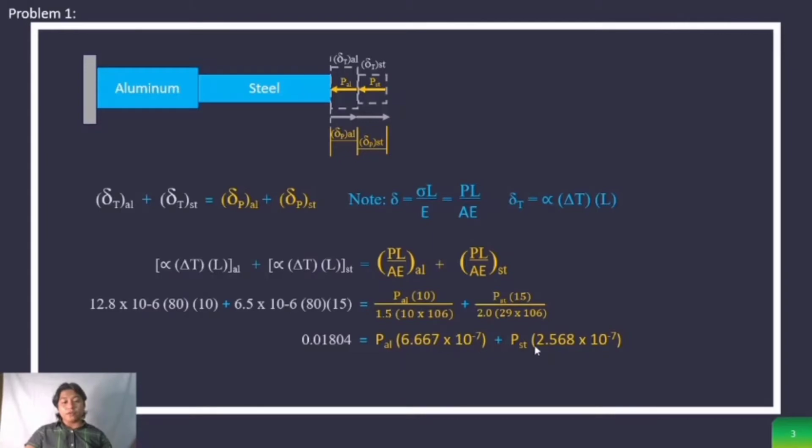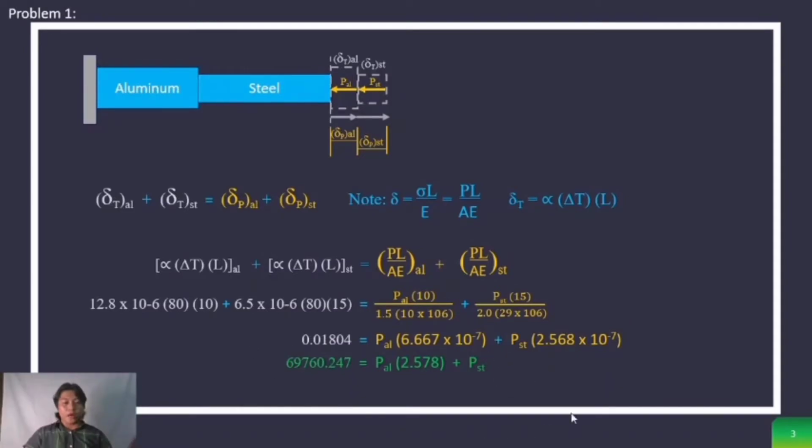So we will have, we will divide this number to these components. Okay, so we will have 69,760.247 equal to the P aluminum times 2.578 plus P steel.